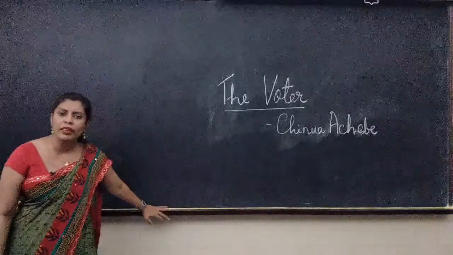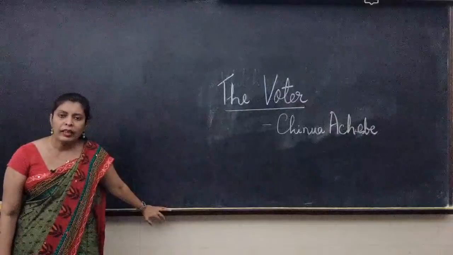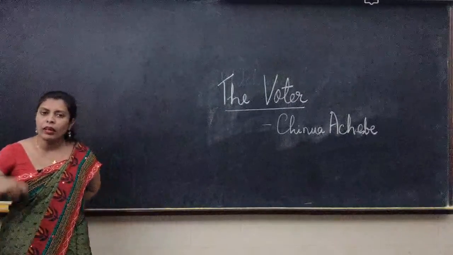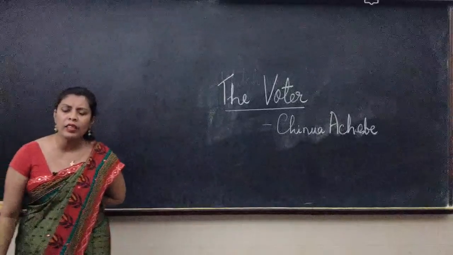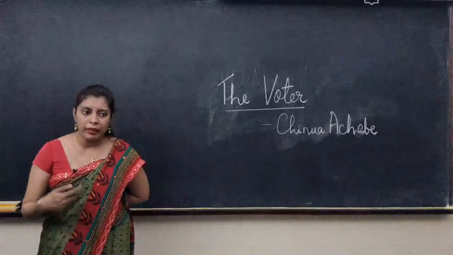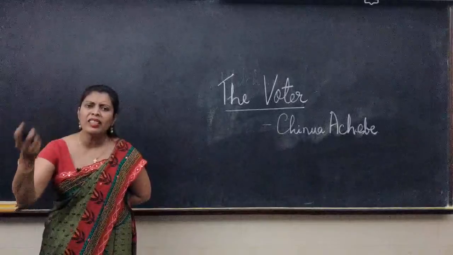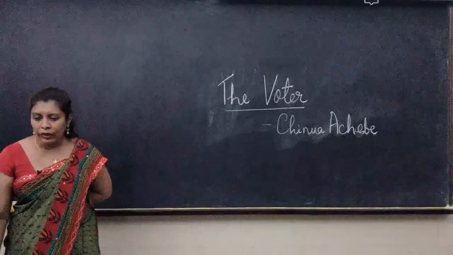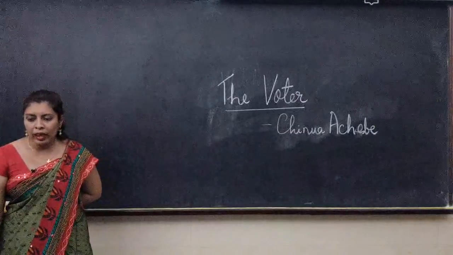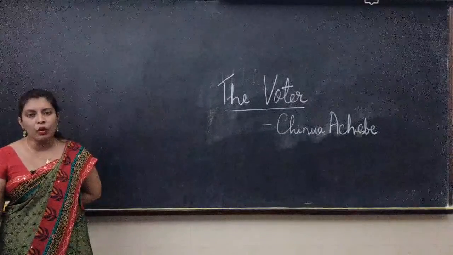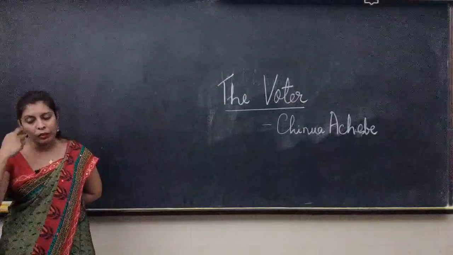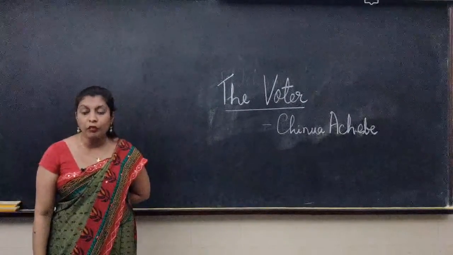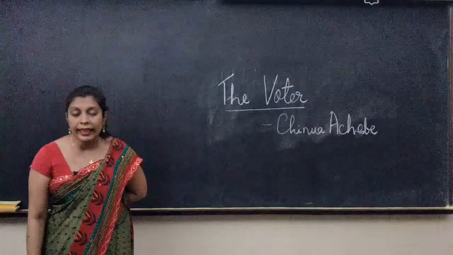So he knew everything so well. He was an expert in all levels of elections, whether of the local government or the national government. He could tell the mood and temper of the electorate at any given time.